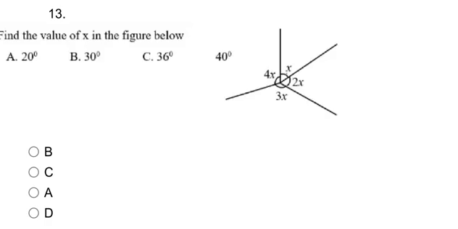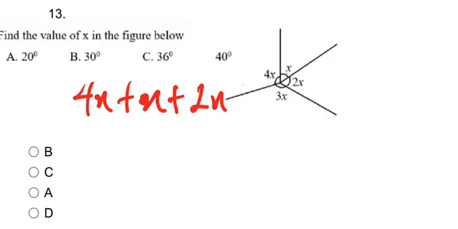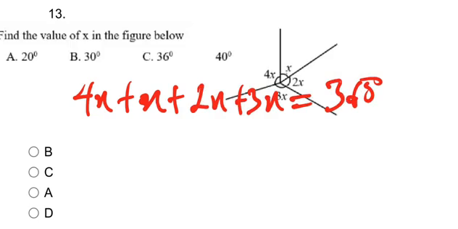All right, question 13 says find the value of x in the figure below. From what we have, 4x, x, 2x, 3x, that is the sum of angles at a point, which equals 360. That means 4x plus x plus 2x plus 3x must equal 360 degrees.